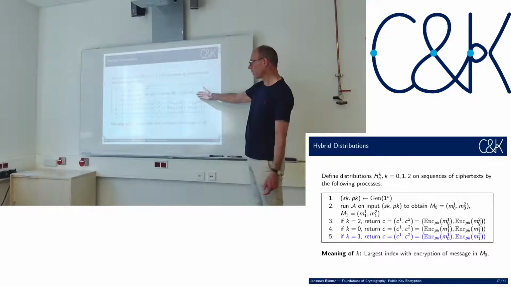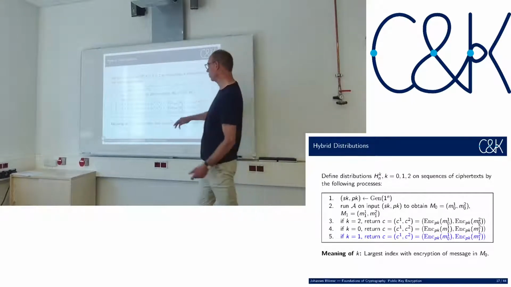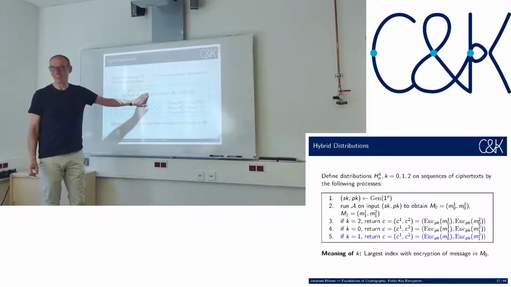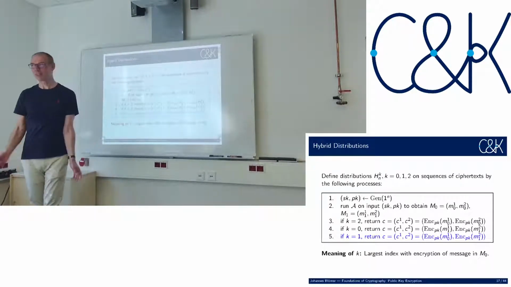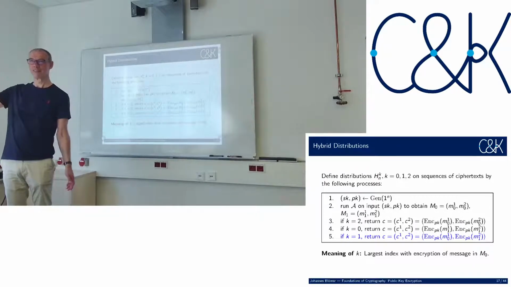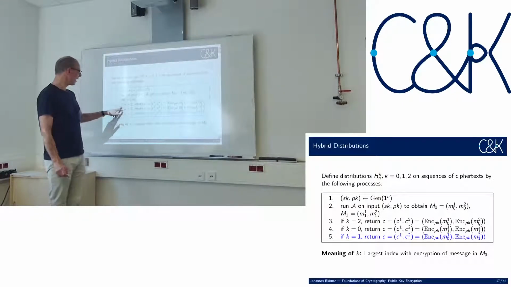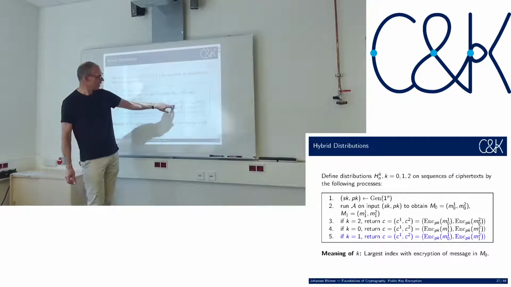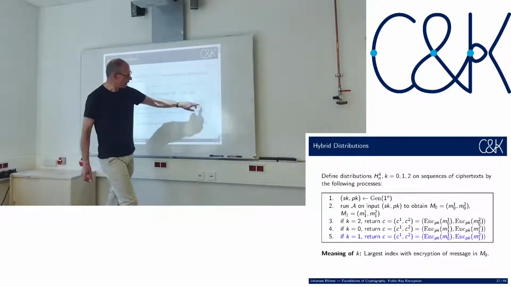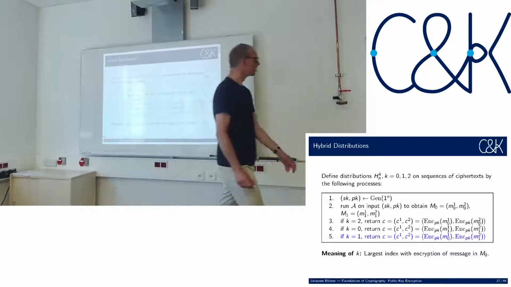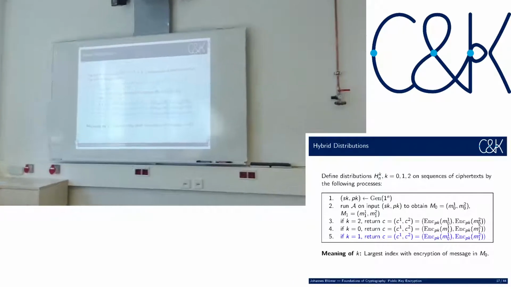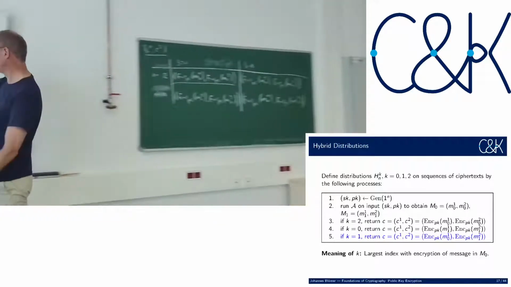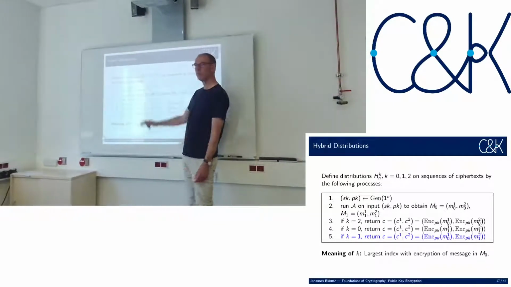The second step is I run A on input, oops, I should run A only on input PK, sorry, this is not correct, to obtain the 2 sequences of messages. And then for k equal to 2, I return this M01, M02. So this is this guy here. This k has a meaning.